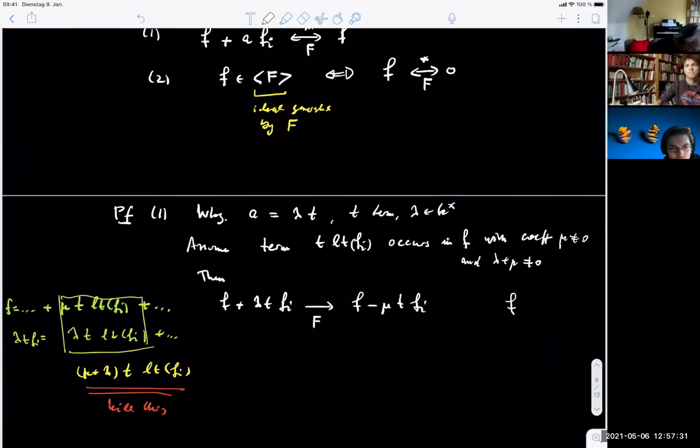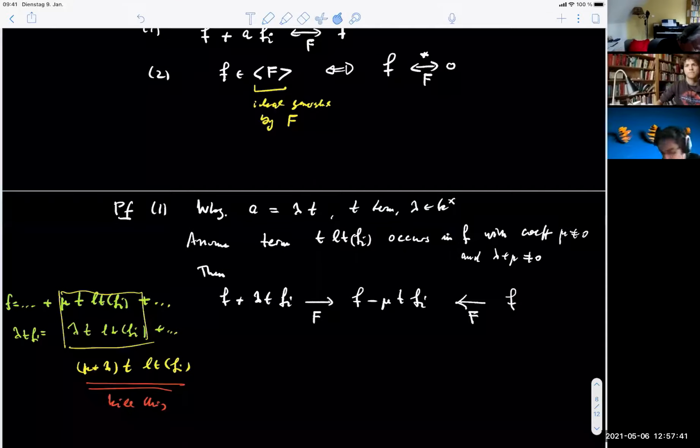I can also go from f in the other direction, to this. I just look at f and then I only reduce that term. Then I'm here. So this is also possible. It may be confusing, but it's very simple in a way. Write it down for yourself, figure out what it means.